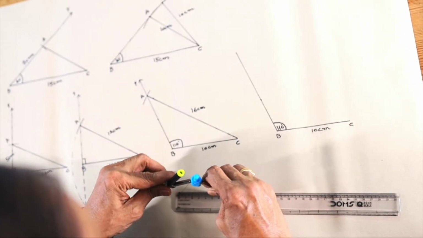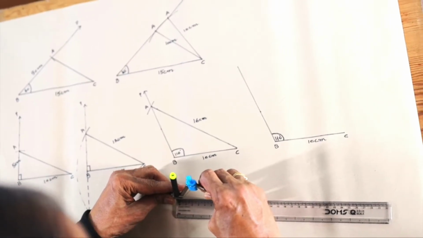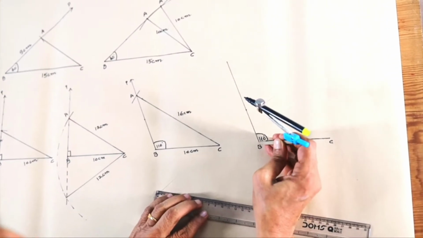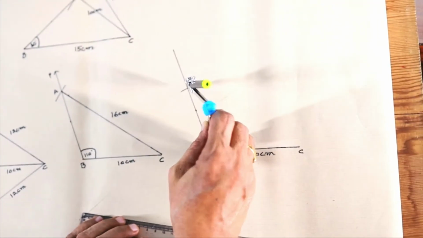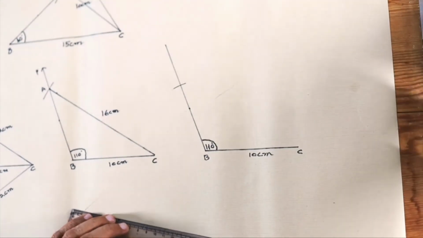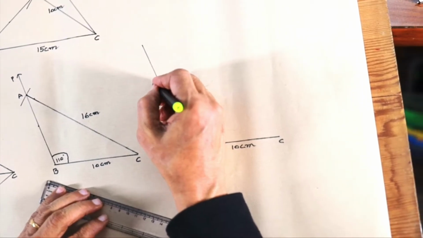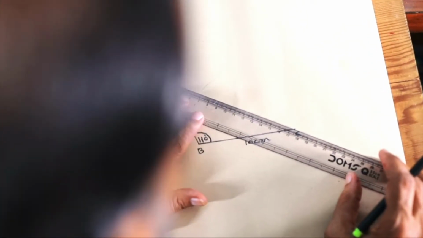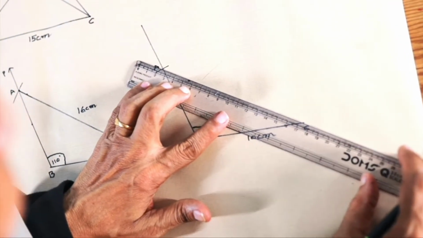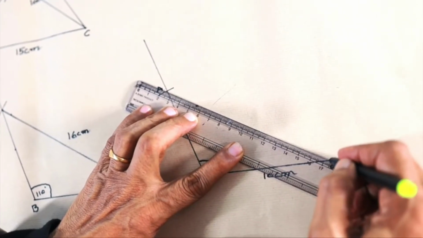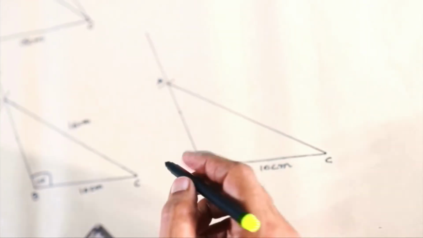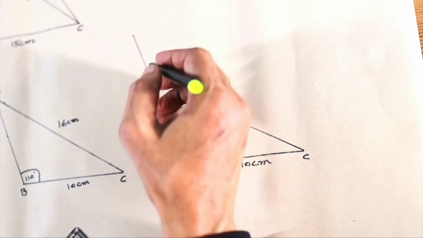Say it as 8 centimeters. So let us take 8 centimeters as radius. With the help of compasses, with B as center, let us cut this. So you get the point A. Join A and C to get the required triangle ABC. So what is the length of AB?